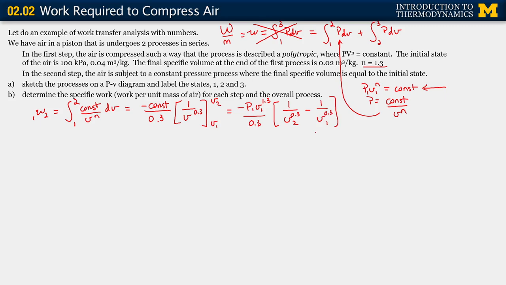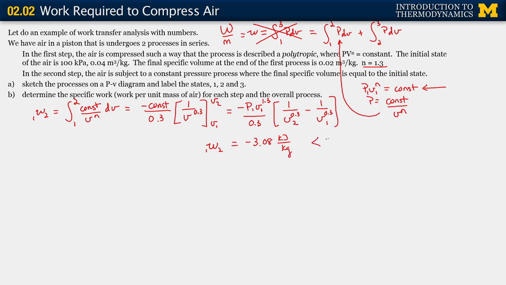And then all of these values are known. We plug in our numbers, and we get an answer for the specific work transfer from 1 to 2 of minus 3.08 kilojoules per kilogram.